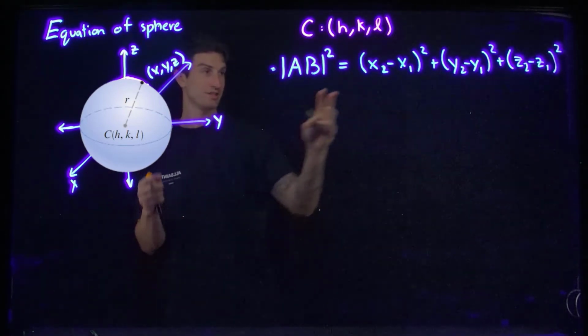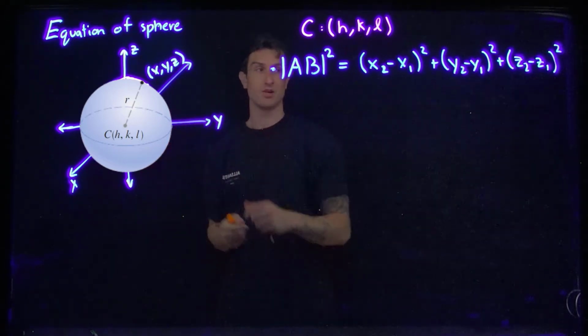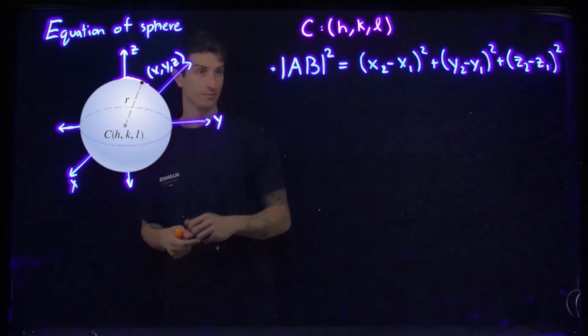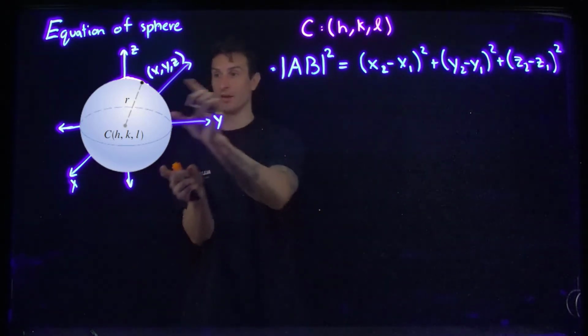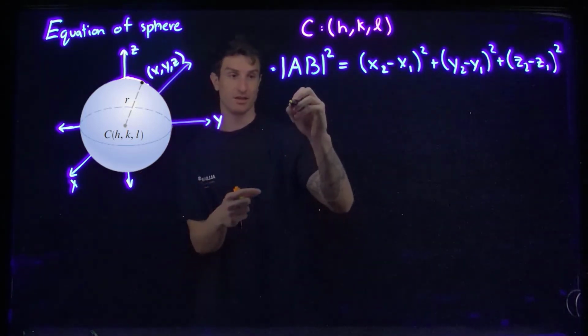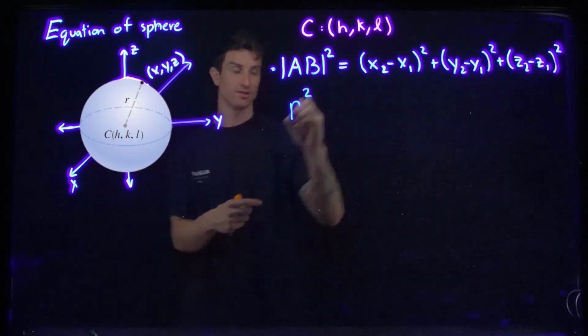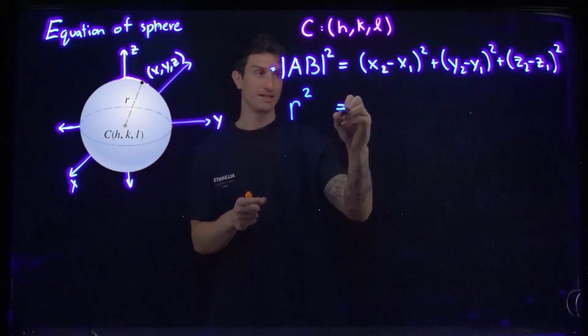Okay, so now let's take our distance formula, which we already uncovered, and use this over here. In this case, what is AB squared? This is our distance squared. What is our distance here? Well, our distance is our radius, so our radius squared. Now let's start replacing stuff.